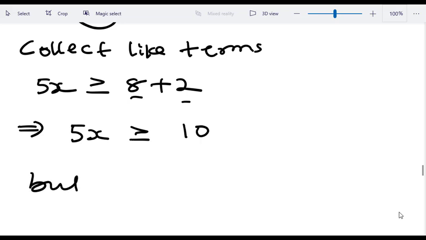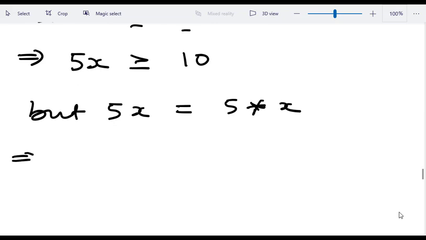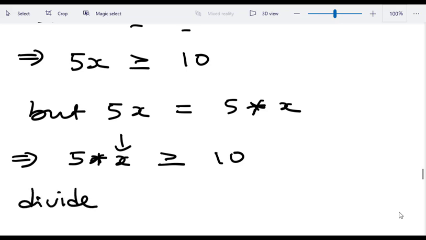But keep in mind that 5x is equals to 5 multiplied by x. So with this being said, it implies that 5 multiplied by x greater than or equals to what? Equals to 10. So we are looking for x. The best way to achieve it is to divide because of the presence of this multiplication sign. We said divide both sides.